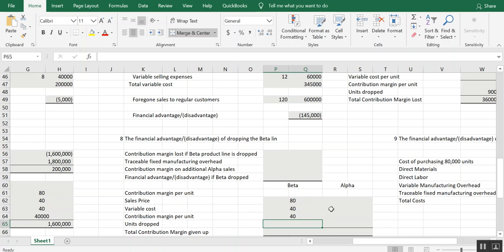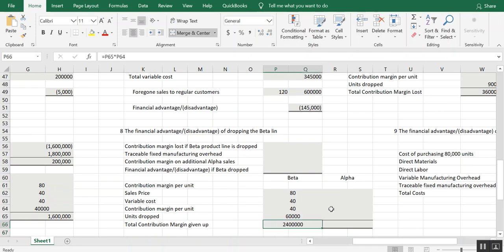And then here, the units dropped that we're looking at is going to be 60,000 units. So our total lost contribution margin is 2,000,004 for beta. So up here, we want to enter a negative 2,000,004 because we're giving up that contribution margin.